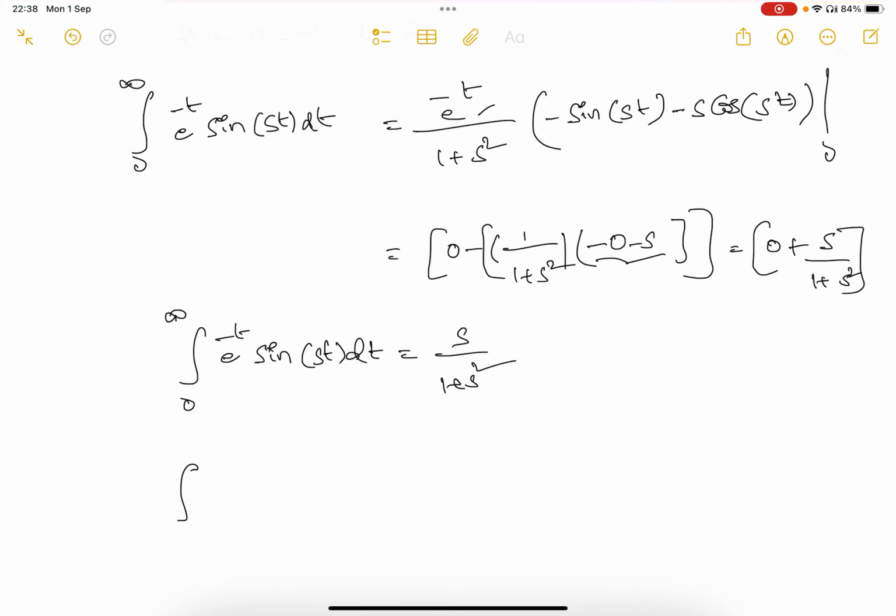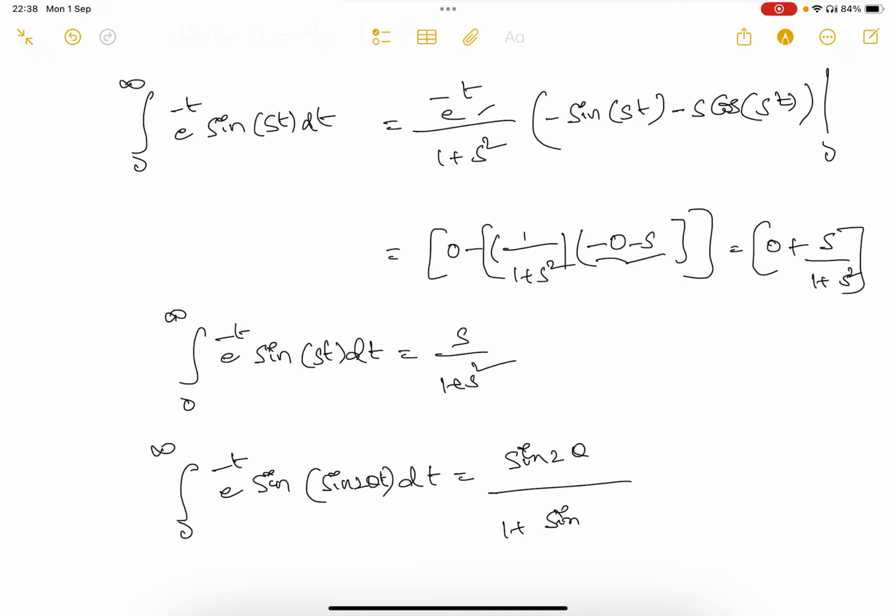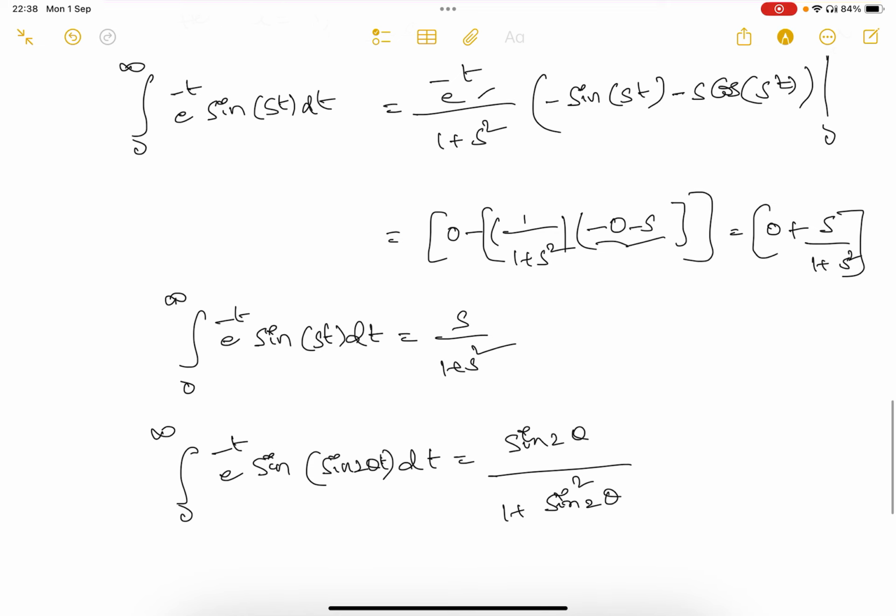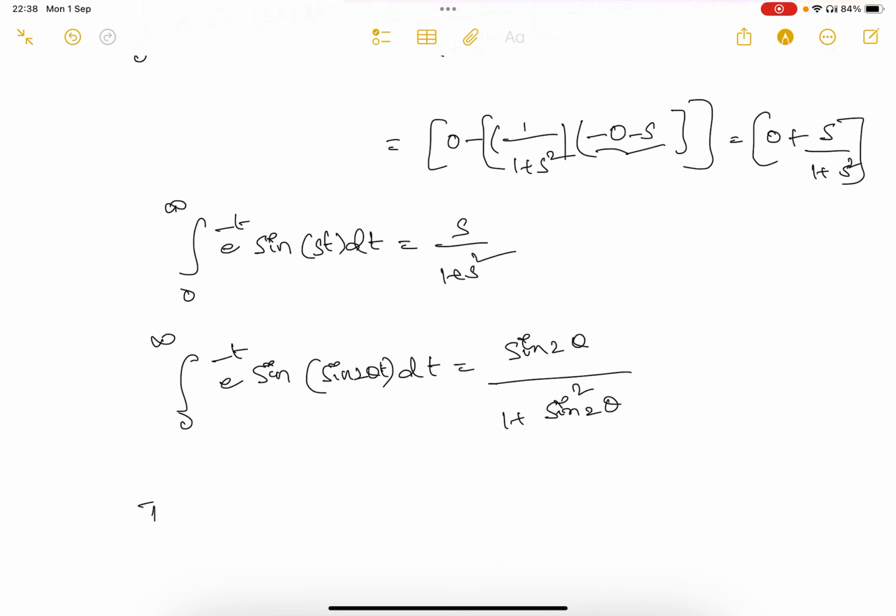That is, here integral 0 to infinity e power minus t sine of s, where s is sine 2 theta, right? Sine 2 theta into t dt is sine 2 theta by 1 plus sine square 2 theta. We need to evaluate the d theta part, right?